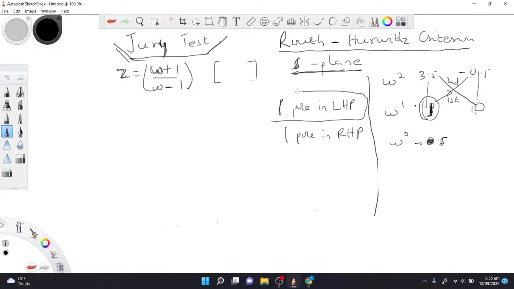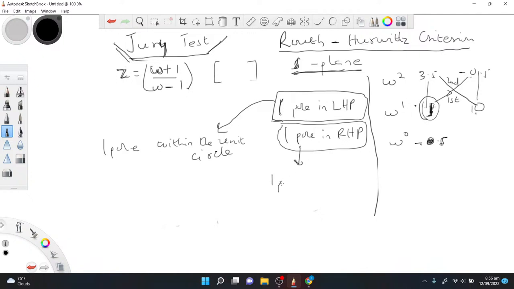All poles in the left half plane of the S plane, we say that they are stable. Stability in the Z plane, we say that they are supposed to be within the unit circle. We say there's one pole within the unit circle, and one pole in the right half plane. If you go to the S plane, it means this is unstable. Unstable means one pole outside the unit circle. Very, very simple.